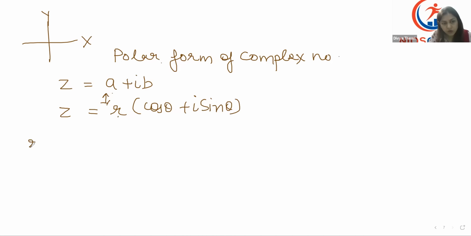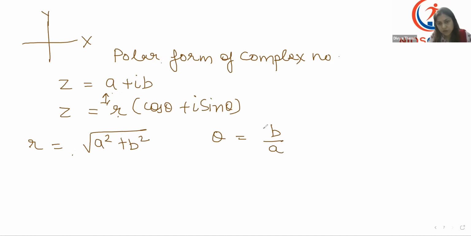The value of r will be under root a square plus b square, where a is the real part of the complex number and b is the imaginary part. And theta will be tan inverse b upon a. So on substituting the values, you can convert any given Cartesian form into the polar form.